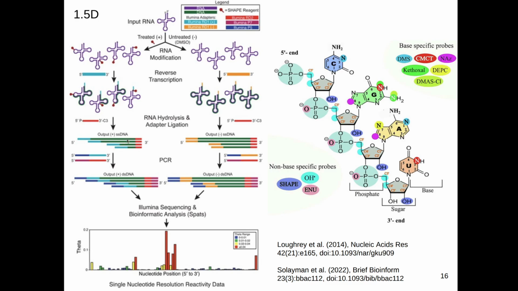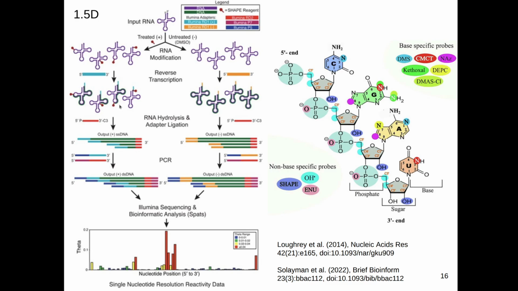Then we read this signal, either the transcription stop signal or the mutation rate signal, and we convert all this via Illumina NGS sequencing, or any other sequencing currently used, into a spectrum of reactivities.